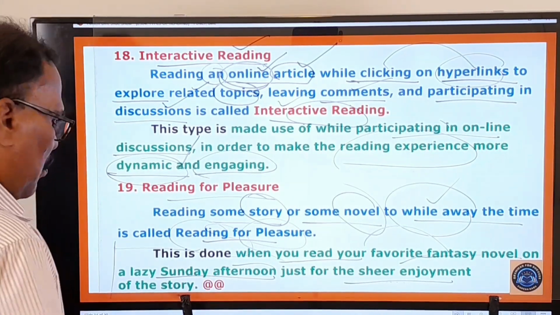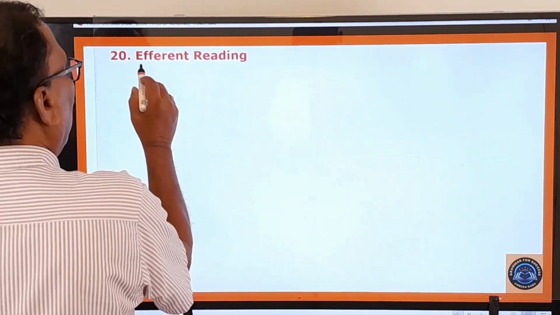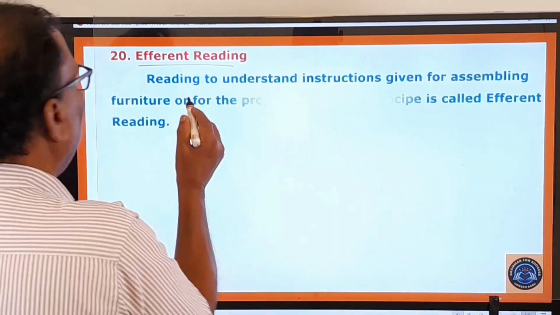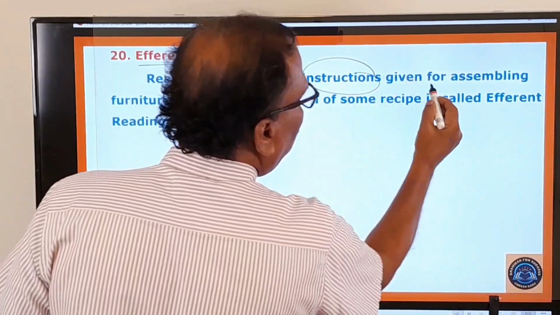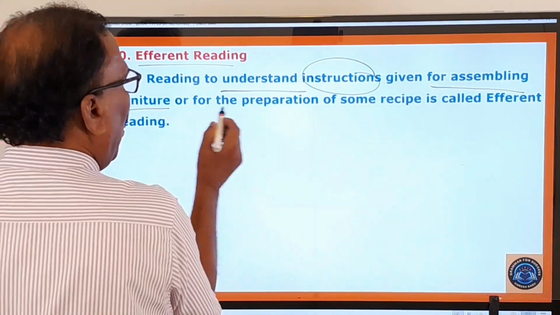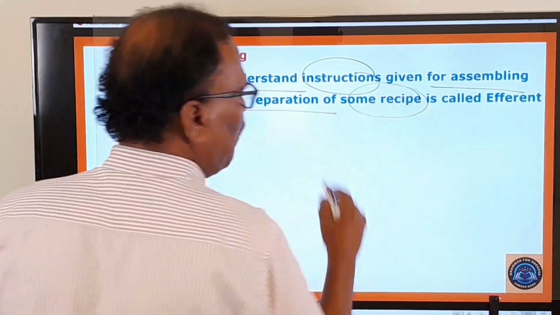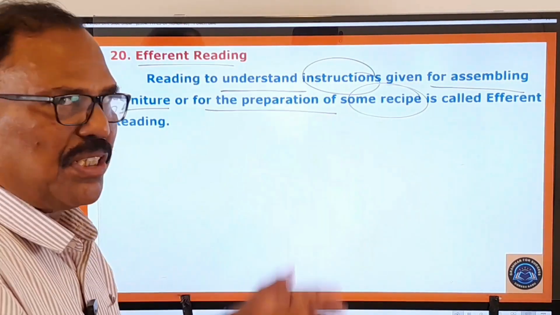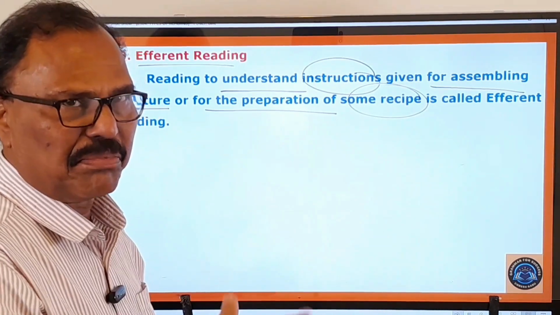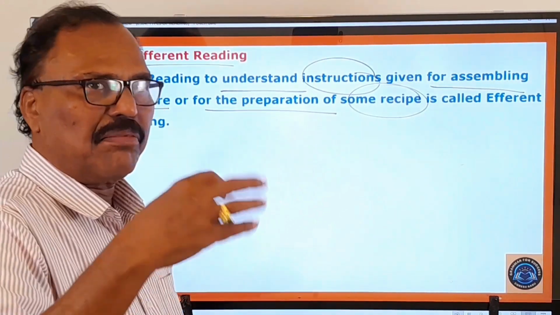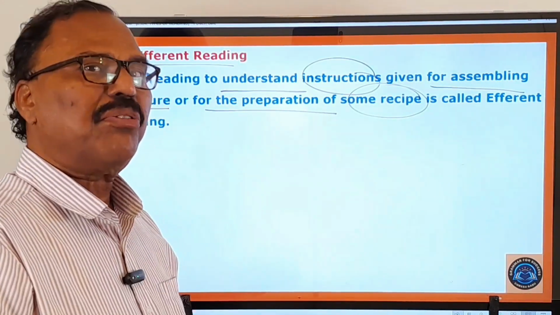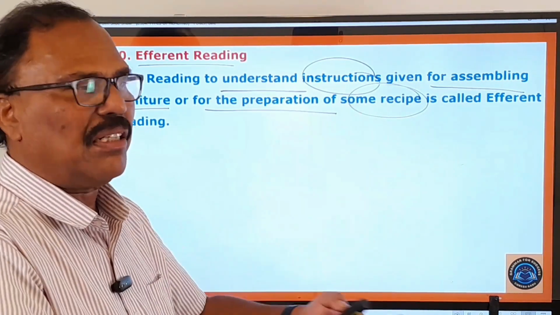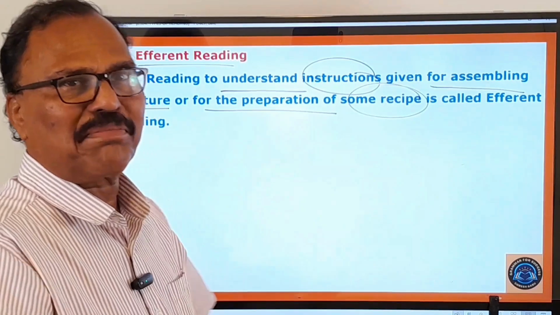Now let's move on to other types of reading. Next one, efferent reading. Okay, very simple and easy. Reading to understand instructions given for assembling furniture or for the preparation of some recipe. So you ordered some table from IKEA, and that table is delivered to you, and if you open that package, you find the instruction manual. You have to go through that manual very carefully, otherwise you cannot assemble that table properly.